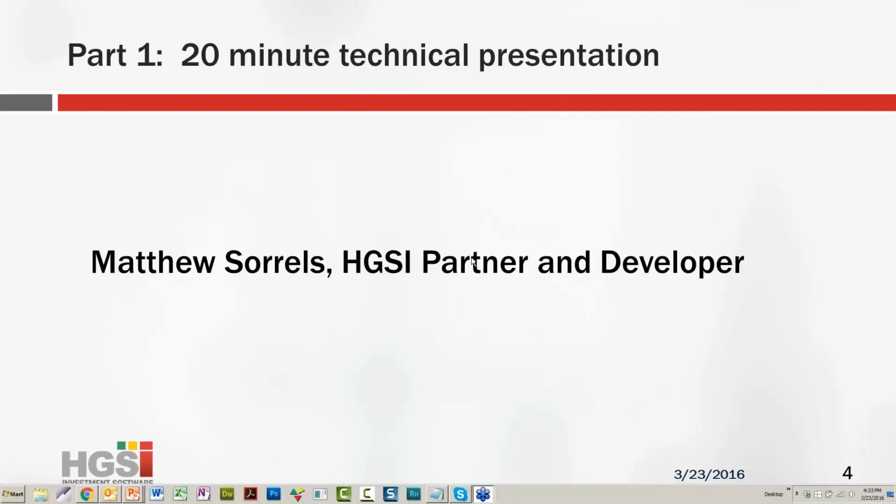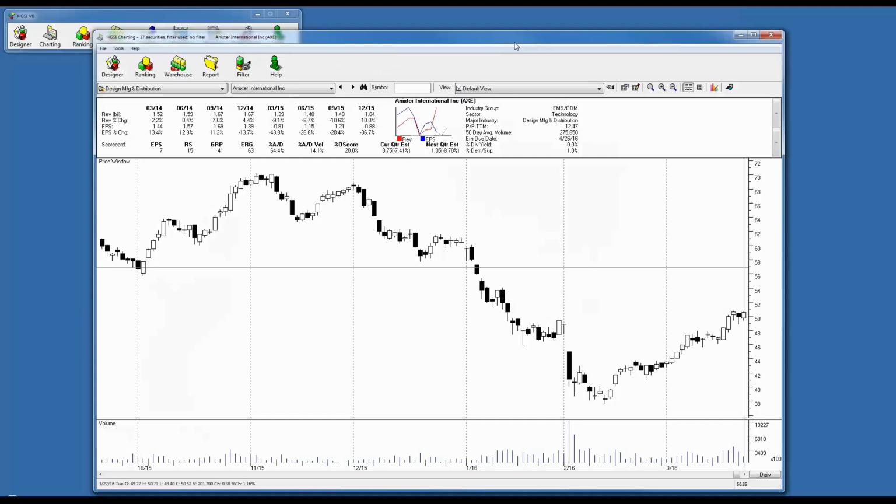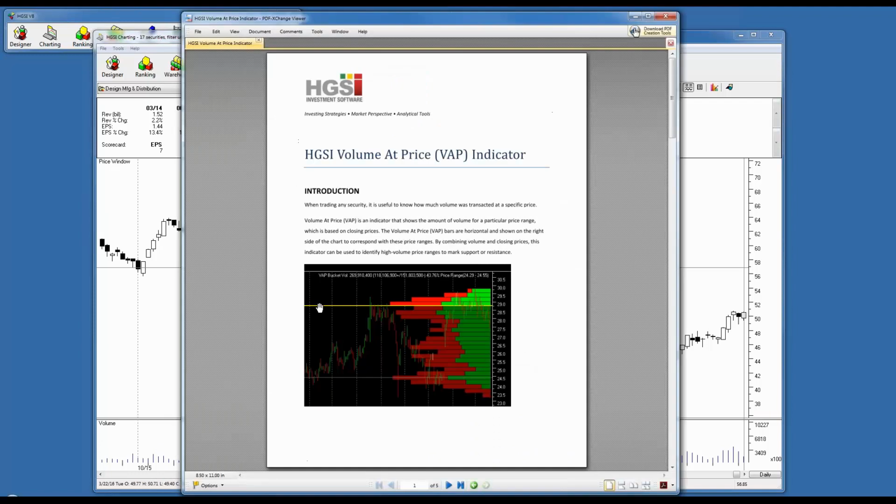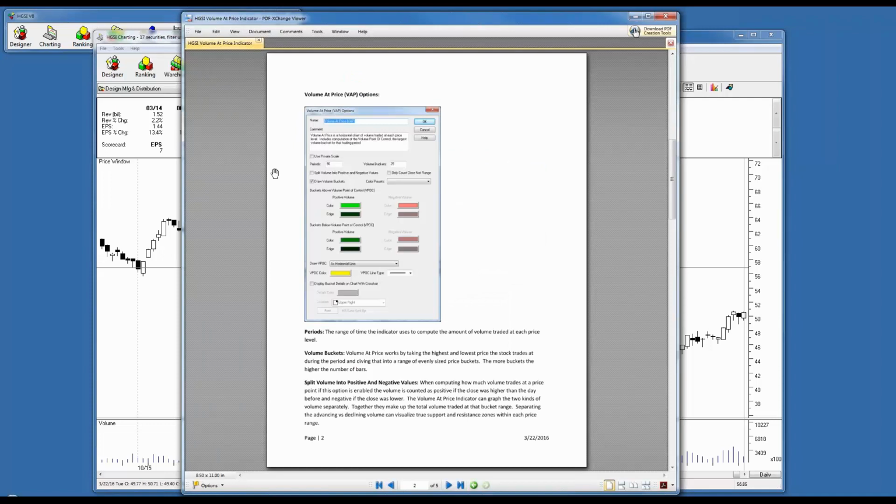Hi, everyone. I'm Matt Sorrells. Today we're going to be talking about the volume at price indicator, which we added in HGSI last year. The PDF that you can get in the handouts is basically the help for the indicator. This indicator is vastly more complicated than a lot of indicators we've done, even though it really is a simple concept.